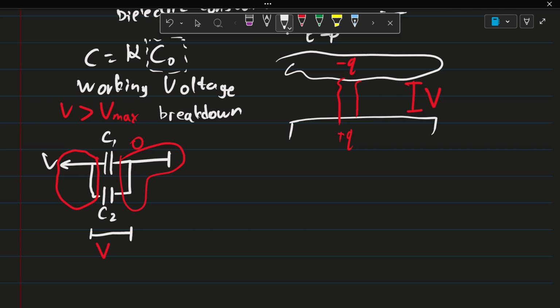So if we try to simplify this into just this one capacitor, first of all, its voltage drop is the same.